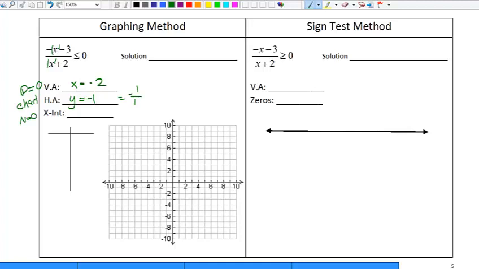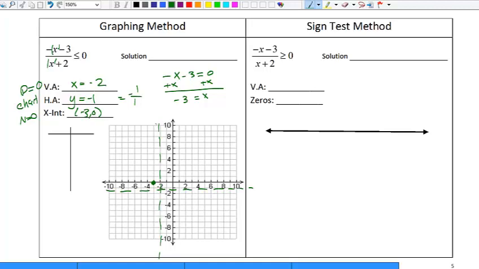To get the x-intercepts, I set the numerator equal to 0. If I set negative x minus 3 equal to 0 and solve, I'm getting -3. So I have a point at -3. I've got a vertical asymptote at -2, and a horizontal asymptote at -1.